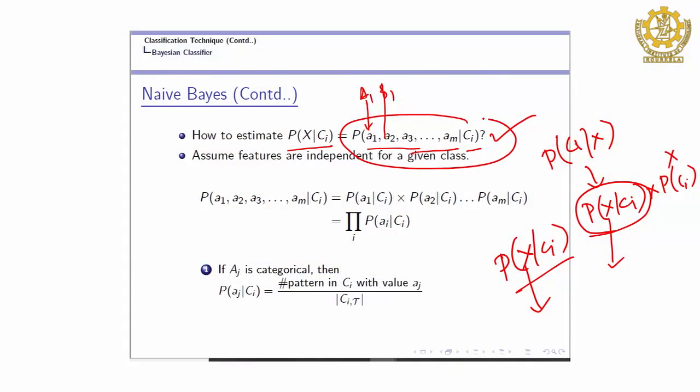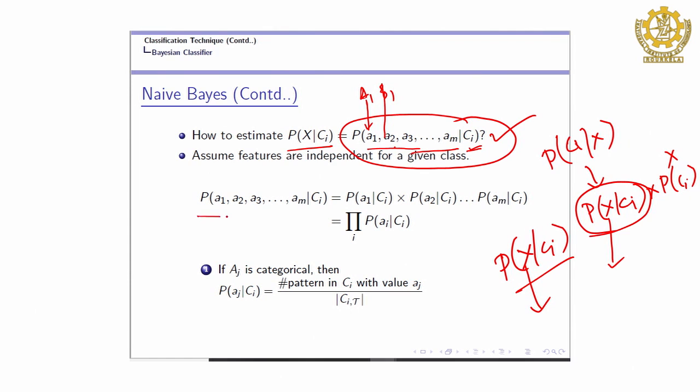So, here we go. Now the problem is reduced to computing this value: the probability of x given C_i. That means you know the value of x, and given C_i, within a class, you compute the probability of those individual values. We will see this elaborately next.